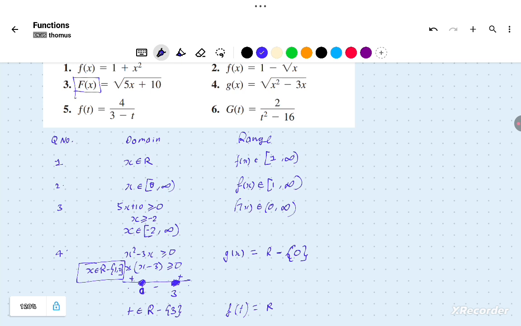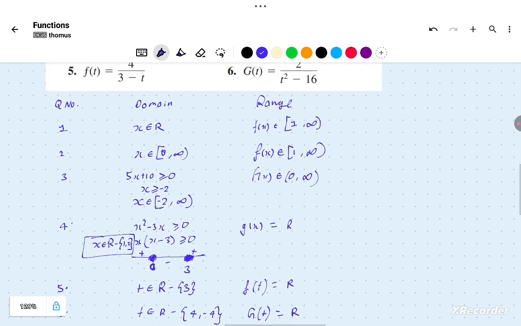If you pay close attention to this, my g(x) can go over all the real values, but it will never... here my g(x) should be all real numbers.